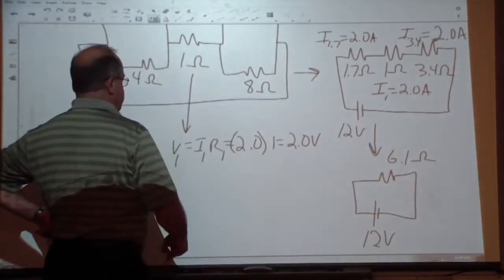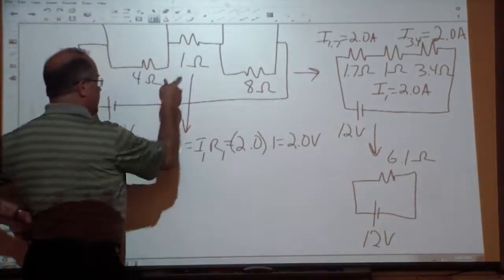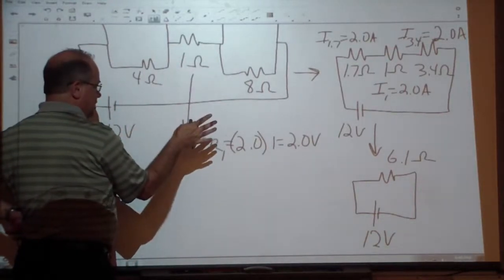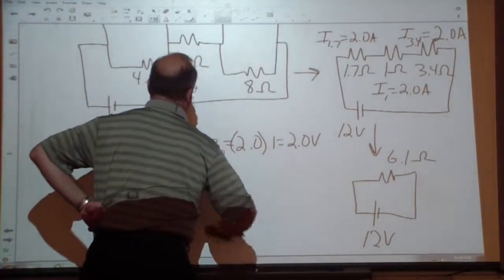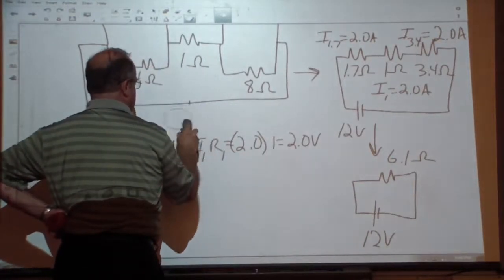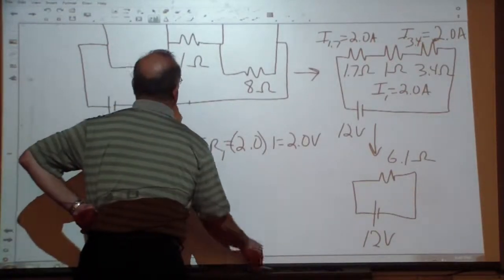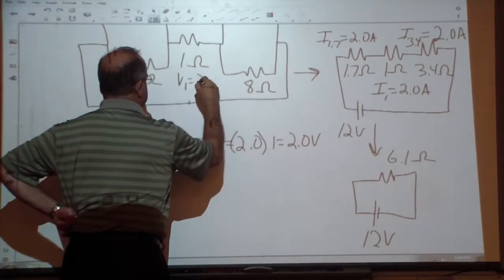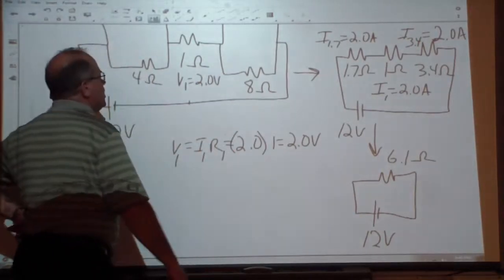That's got 2.0 volts in it. So I'm going to erase that and then write it there. So go ahead and pause it or whatever, and then I'll put it right here. V1 equals 2.0 volts. Okay.